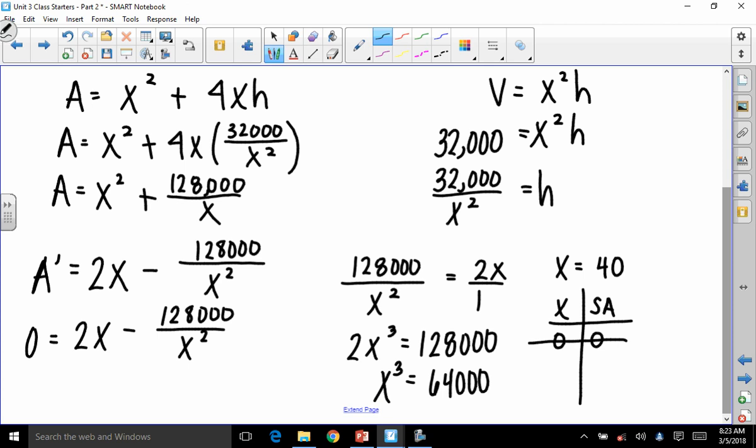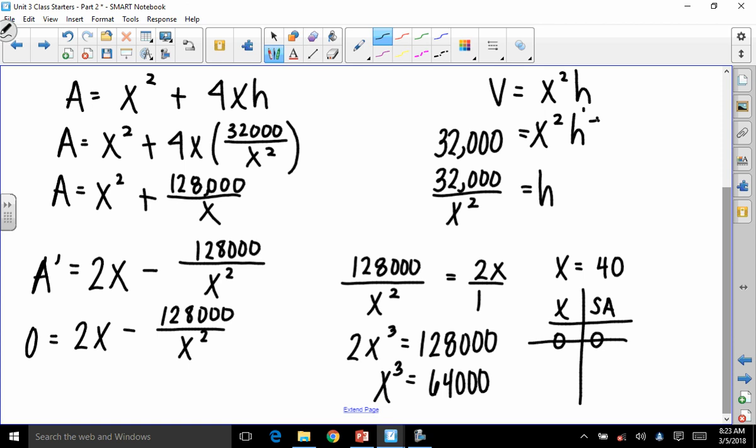So then let's think about what's the biggest that we could make x. Well, the biggest that we could make x would be if we didn't use any of the material for the height, right? We put all the material in the base, yes? We just had a big old rectangular square. I don't think that's going to be very good for shipping things, yes? Okay? So you have to use this volume equation to figure out what that would mean, okay? So if I make h obsolete, like pretend there is no height, what would be the biggest value that I could use for x so that this would still be true?